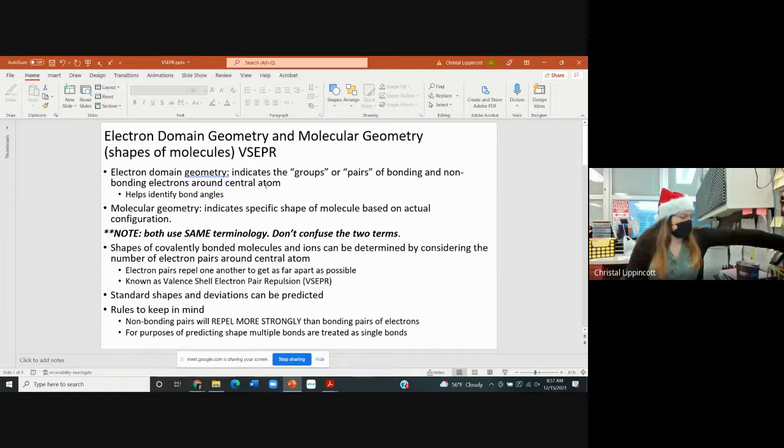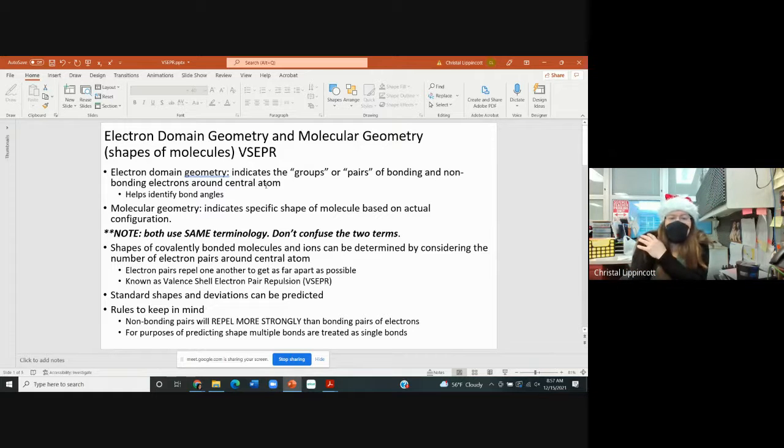So when we have these, what happens is your electrons, because they're like charges, are going to repel other electrons nearby. And they end up giving a distinct shape to your molecule. And you can predict what those shapes are and know what the bond angle to the central atom is.